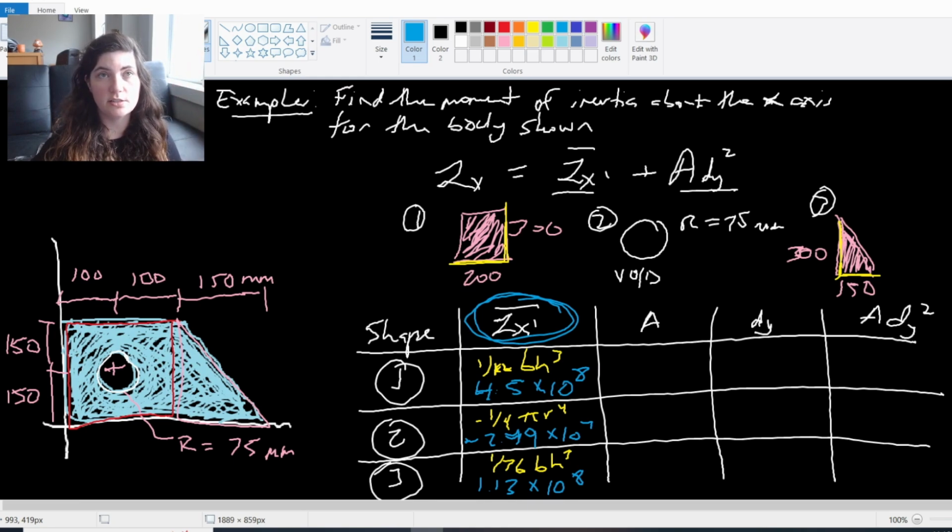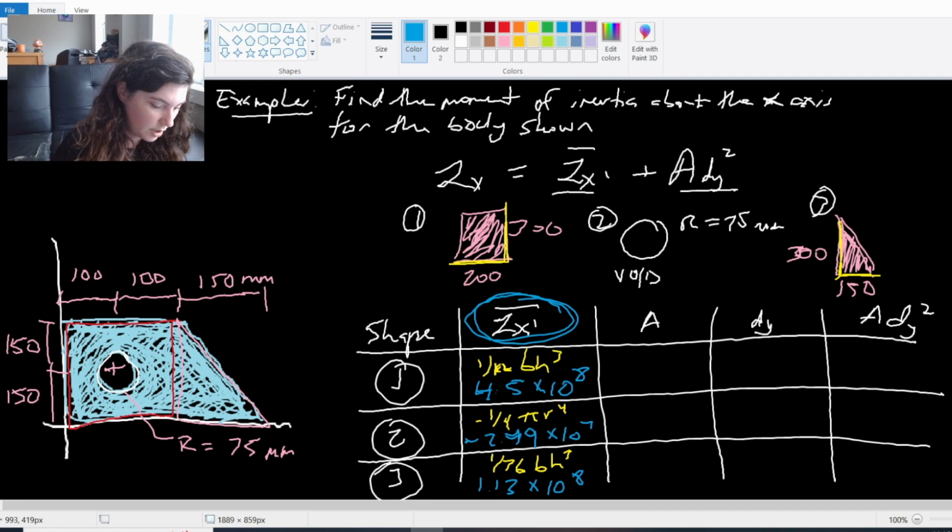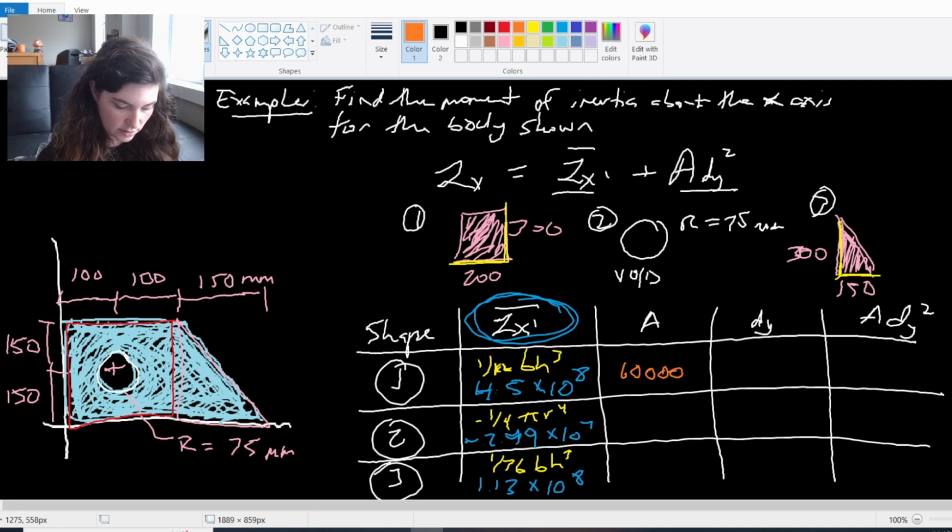Now I'll do my areas, which are going to be even simpler. I can just look at the shape, and I know what my area equations are from geometry. The area of my rectangle is base times height, so 300 times 200 gives me 60,000. The area of a circle is pi r squared, but remember this is a void, something we're taking out, it's not actually there, so it's going to be negative.